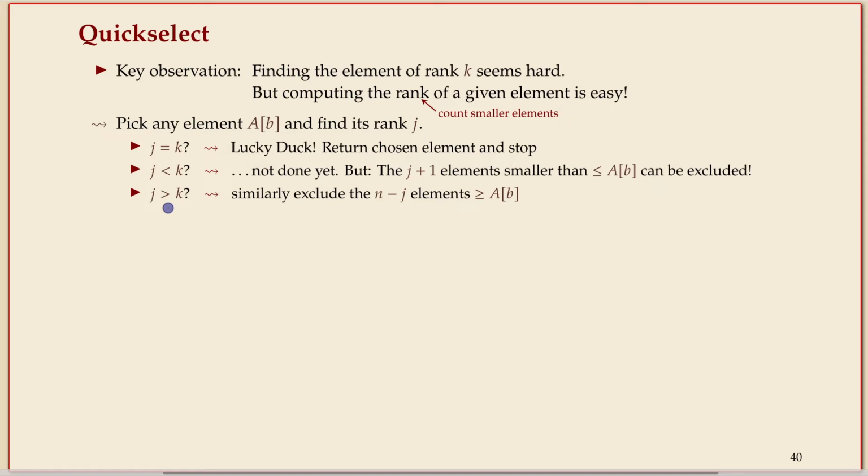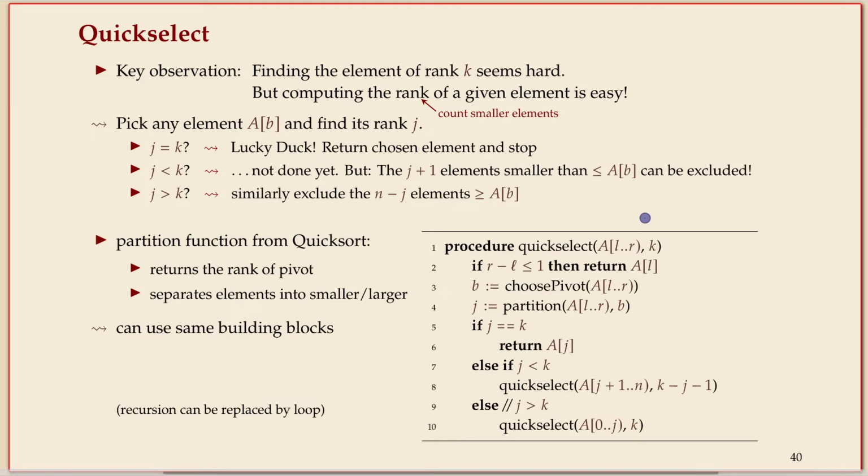Now, how can we make use of that? This is really something we've solved already. Taking an element and finding its rank, we called this partitioning in quicksort, but it's actually the same thing. Quicksort picked a pivot and found for every element is it smaller or larger, and it returned the rank. It returned the position of the pivot.